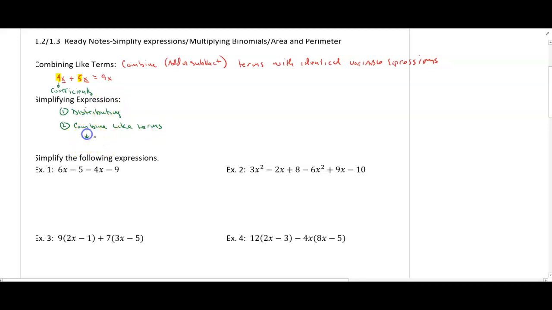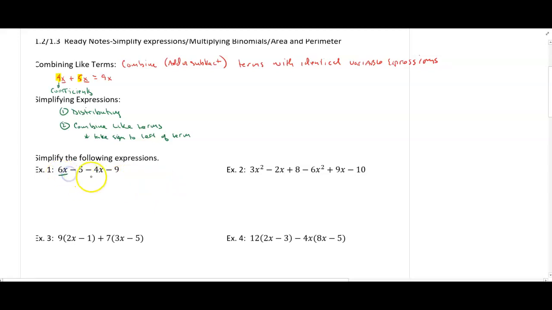Always take the sign to the left of the term. And again, if we add and we get a positive, we add it. If we add or subtract and get a negative, we subtract the term. Okay? So let's take a look here.